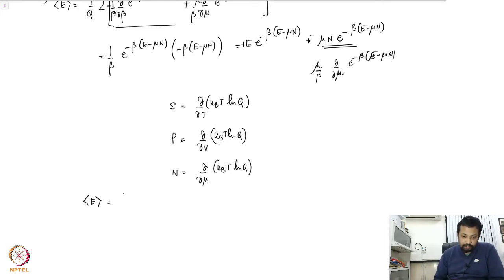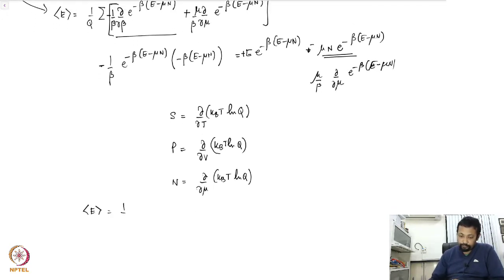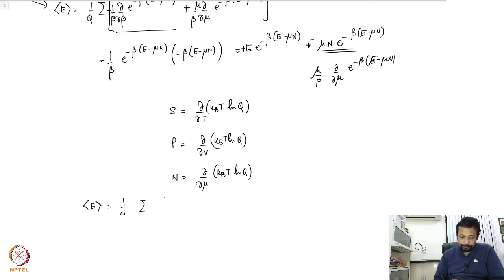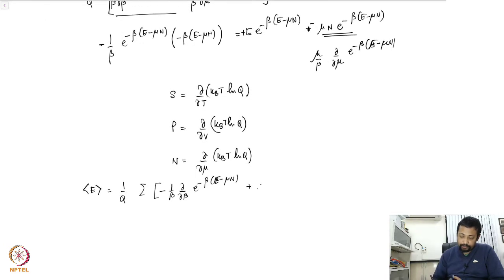So one can continue this relation. The average of E is 1 by Q sum, minus 1 over beta del del beta of e to the power minus beta (E minus mu n), plus mu over beta del del mu of e to the power minus beta (E minus mu n), right?